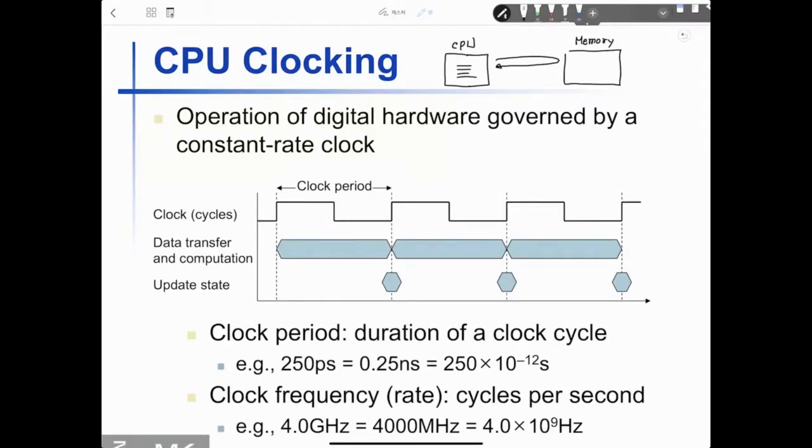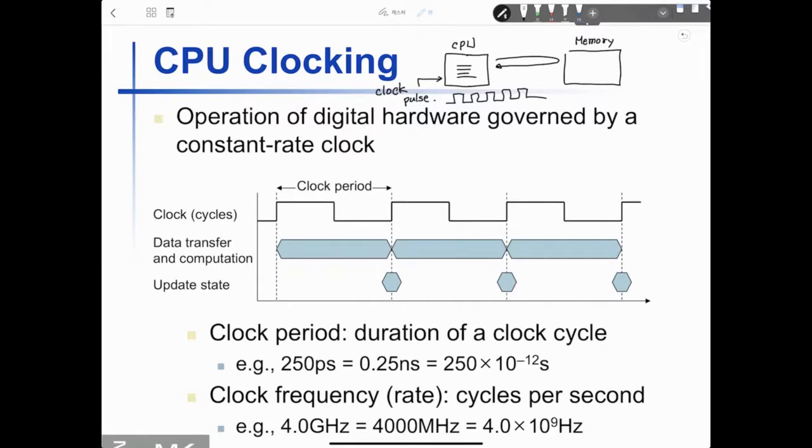In order to do that, we have to provide a pulse, like a 0 or 1 value. It's like a heartbeat. This pulse is called the clock. The number of clocks determines the performance of the processor. If we provide more clocks per second, the CPU processing performance will be improved.